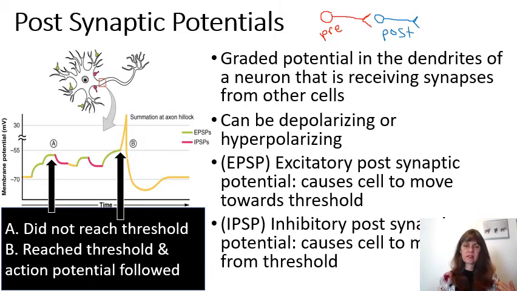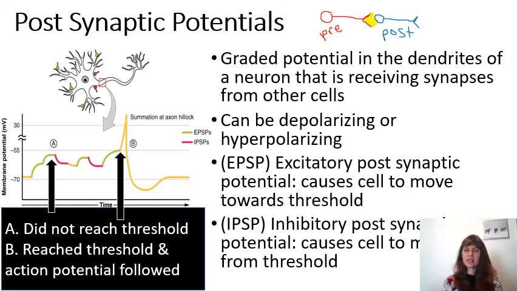And this area would be representative of the synapse between the two, where neurotransmitter will be released. Now, when the first neuron, the presynaptic neuron, releases its neurotransmitters, that will cause graded potentials in the dendrites, which I didn't draw in my picture, of the postsynaptic neuron.